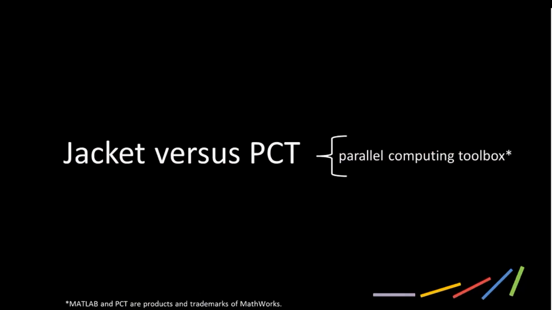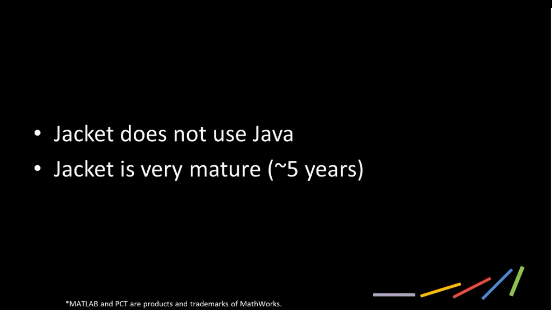One of the big questions that are asked from time to time is how does Jacket compare to the parallel computing toolbox, especially now that the parallel computing toolbox has had GPU functionality within it since 2010. Despite the fact that the parallel computing toolbox has had GPU capabilities for such a long time, Jacket continues to just be enormously advantageous over the usage of the parallel computing toolbox.